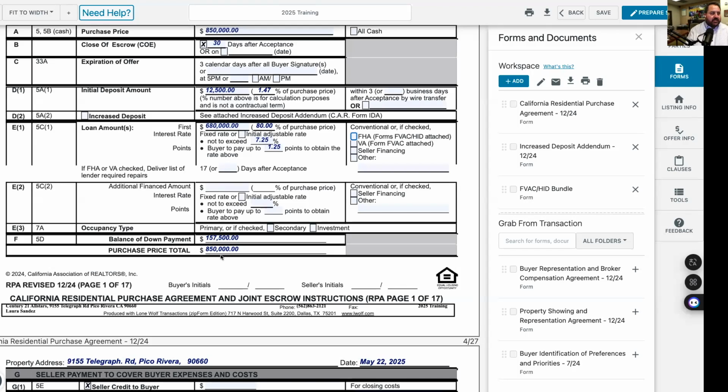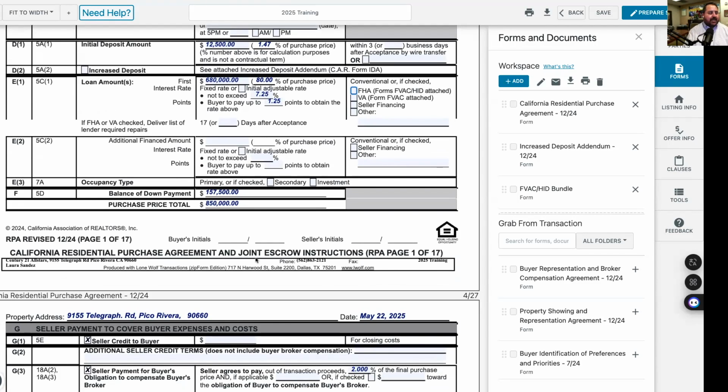That's how this is all going to work. You just want to make sure that the math adds up. Okay, that's it. Now, we do everything online nowadays. It does the math for us. Generally, it's always going to work, but please just double check and make sure your numbers are what they're supposed to be. That's all, just so it makes sense. Please make sure your buyer initials at the bottom of the page before you submit this offer.